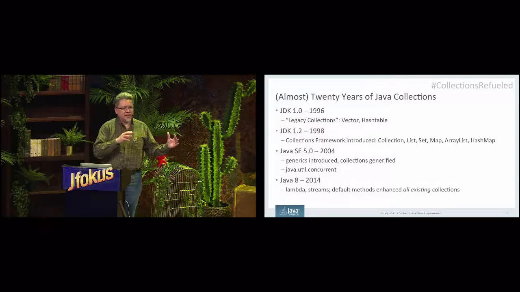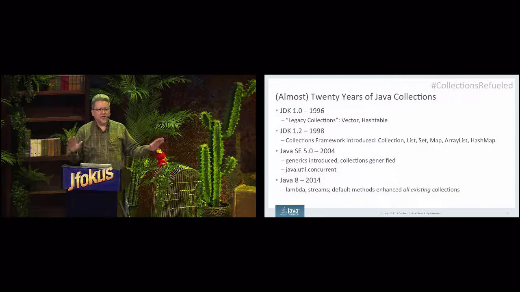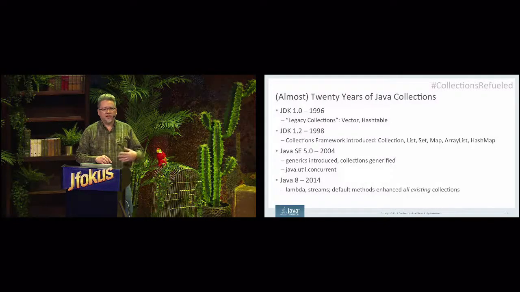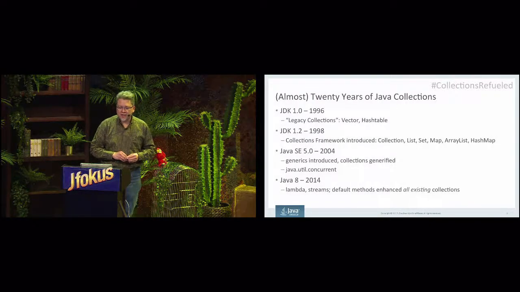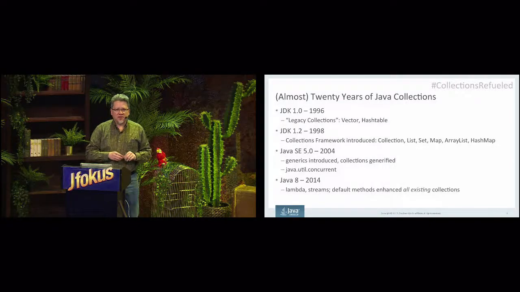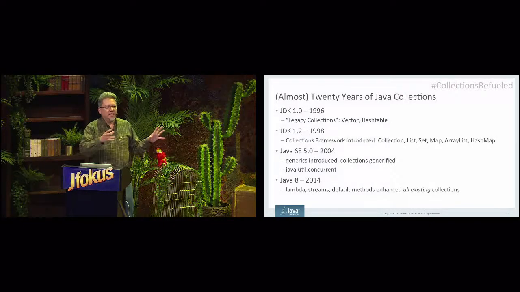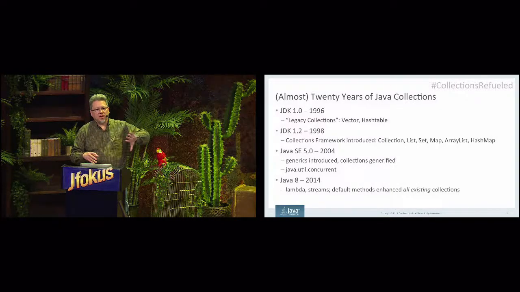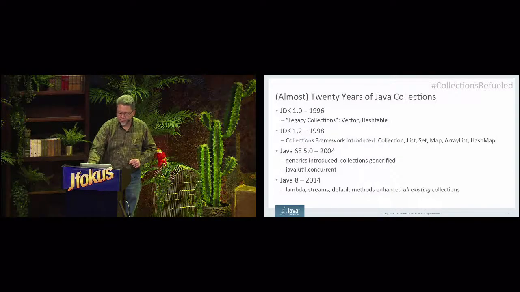Since we added new methods to those old interfaces, every existing collection instantly got new functionality. So if you have a collection, no matter when it was written and compiled, you can call the stream method on it, and you can get a stream out of it now. So that's very powerful. That wasn't really an enhancement to the collections framework itself, but it was an enhancement that allowed the collections to participate fully in the new Java 8 streams world.